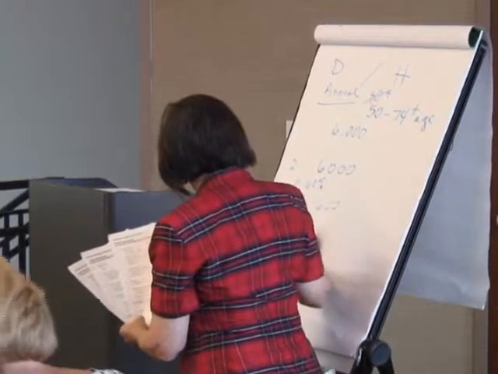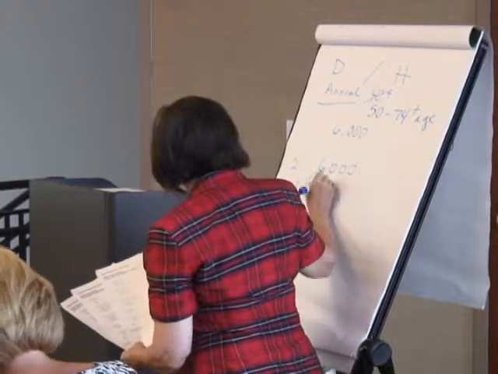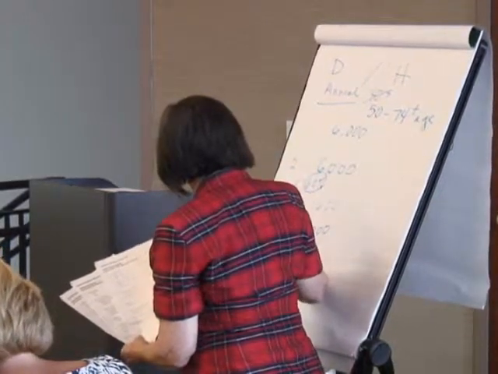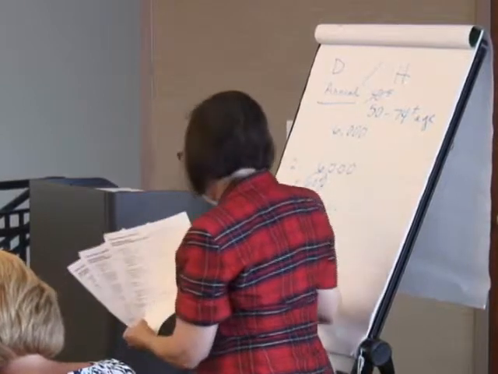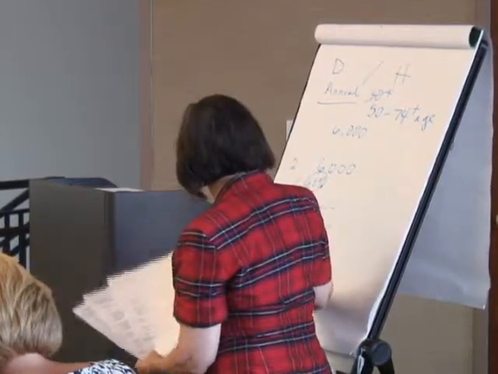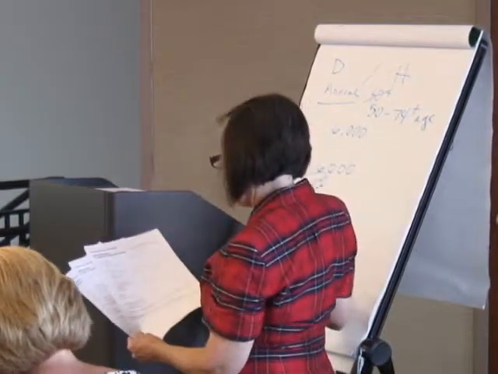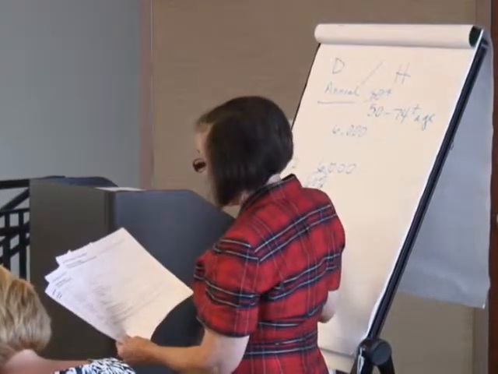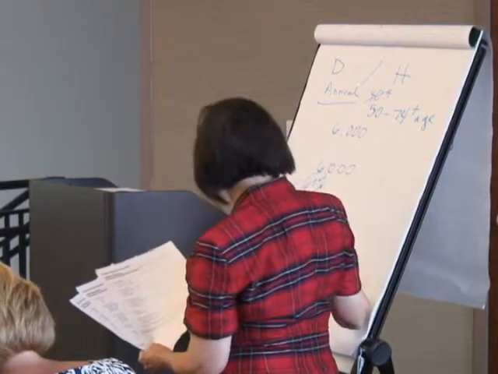Well, we have the same number of women, 6,000. We want to be from 60 to 70% reporting a mammogram. So we multiply by that, and we want to be at 4,200 reporting a mammogram, all right, by, let's say, 3 years from now, okay?